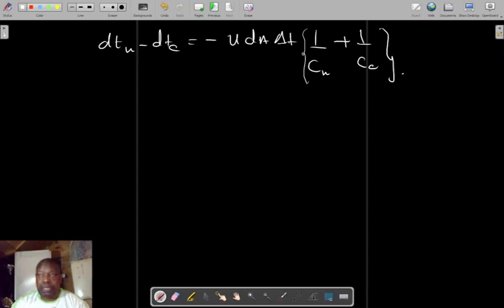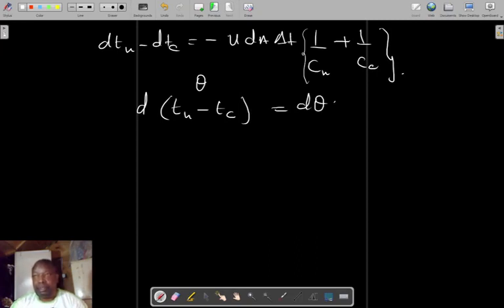Now if you look at the left hand side of our equation, we got this from TH minus TC, the derivative of that. Supposing we called this theta, that is TH minus TC, then the derivative would be d theta.